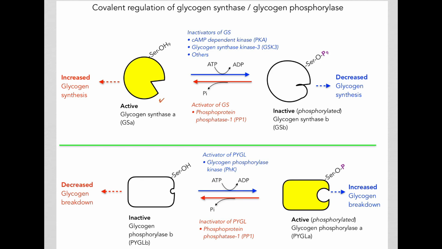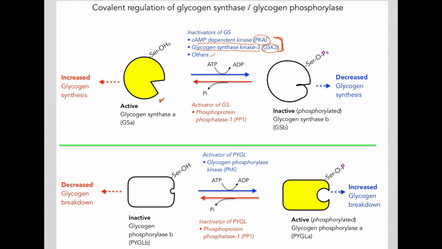Glycogen synthase is phosphorylated by a variety of protein kinases, the two most important being cAMP-dependent kinase, which is protein kinase A, as well as glycogen synthase kinase 3, or GSK3. There are other proteins that can phosphorylate glycogen synthase, but these are the two most important that we know of today.